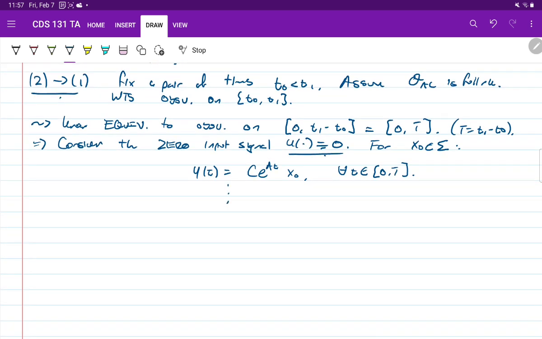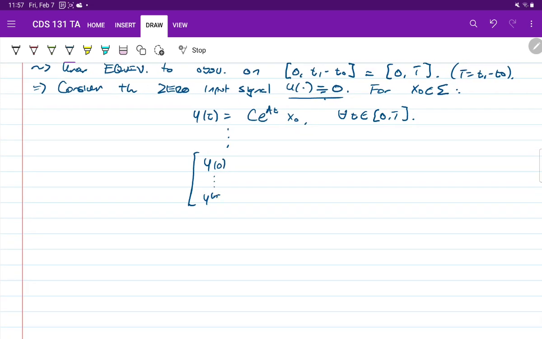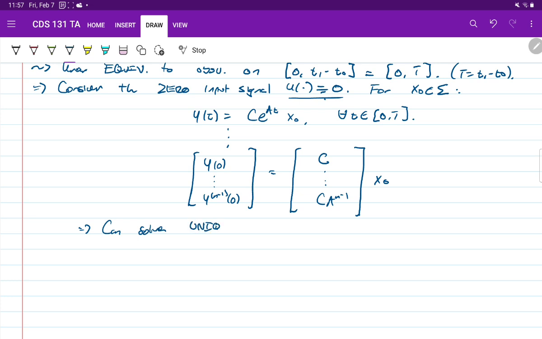Now, if I do this differentiation argument, what I'll find is that y at 0 all the way until the n minus first derivative at 0 will equal to C all the way until CA to the n minus 1 times x0, okay? And since this matrix is assumed full rank, we can solve uniquely for x0, okay?